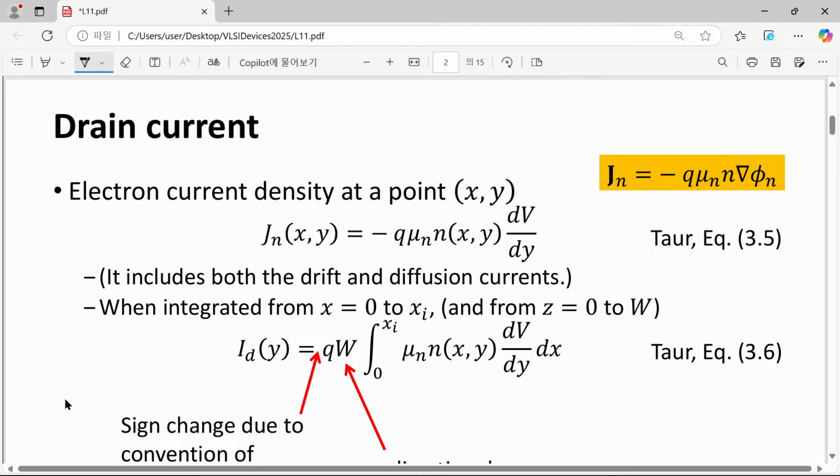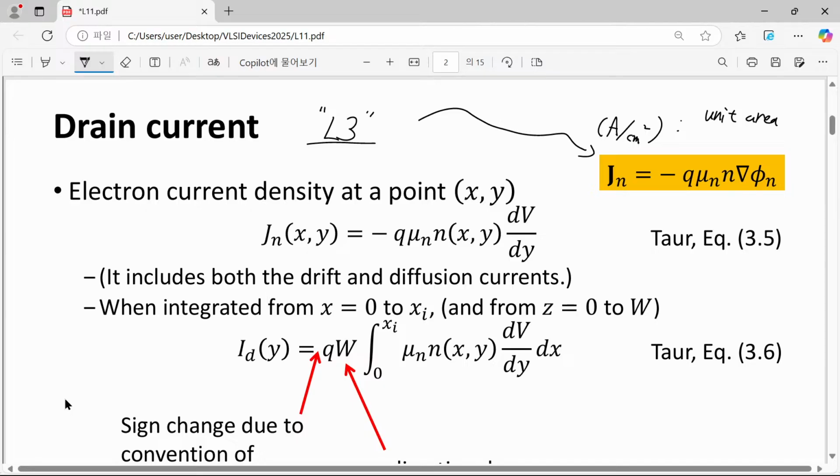So now it's time to talk about the current itself. And if you visit once again our lecture material, L3 material, then you can find this kind of expression. Electron current density. Electron current density is the quantity defined in amperes per square centimeter, per unit area.